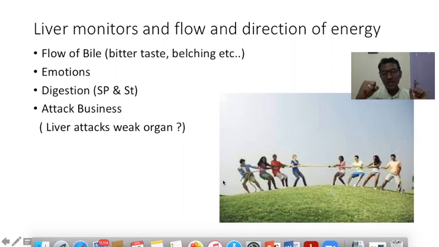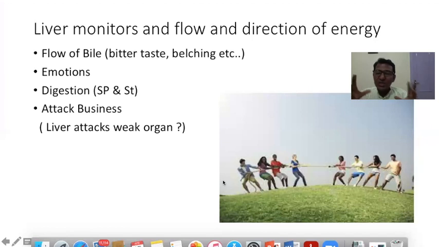So because spleen is weak, there is more influence of liver on the spleen, because liver's energy is flowing in all directions. Now in this scenario, when the liver's energy is more than the organ, we call it an attack. Liver is attacking spleen, liver is attacking small intestine, liver is attacking stomach.